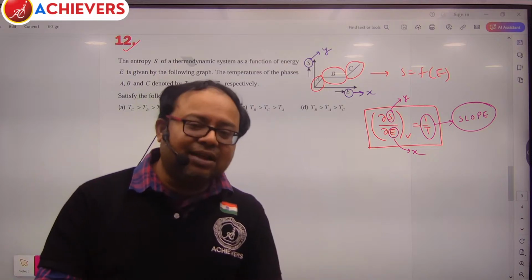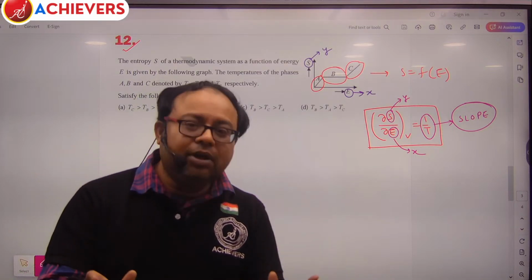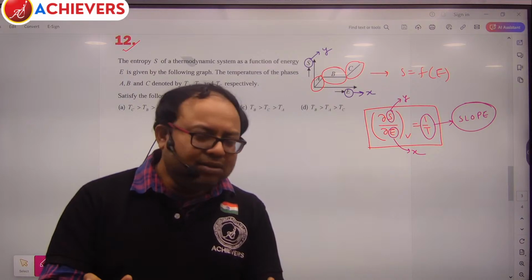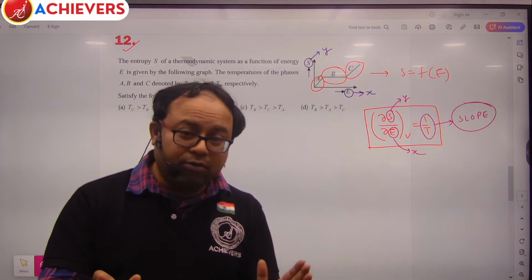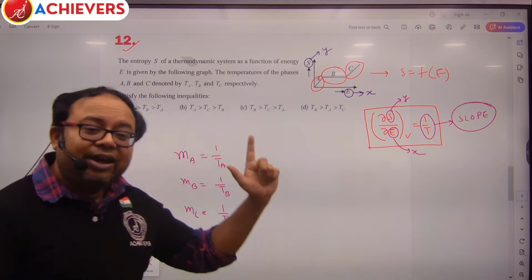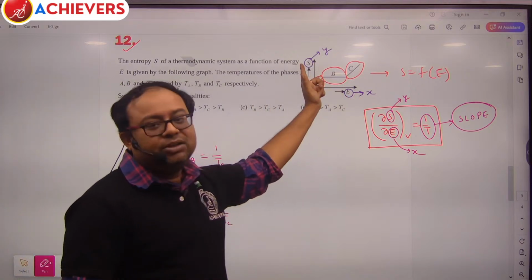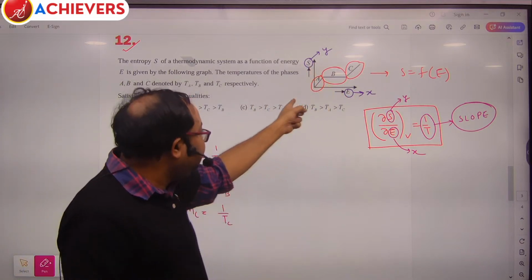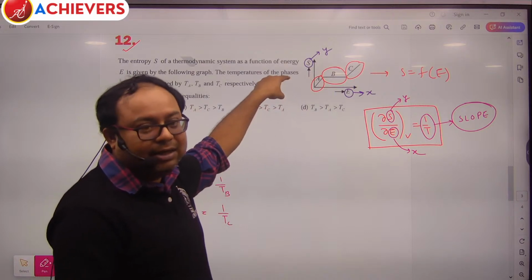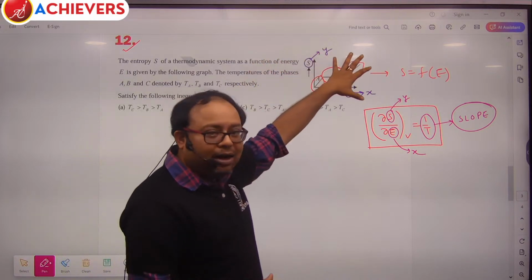So if this concept is absolutely clear to all of you, then it's very easy to solve the problem by directly pondering into the picture. So let's contemplate into this particular diagram.